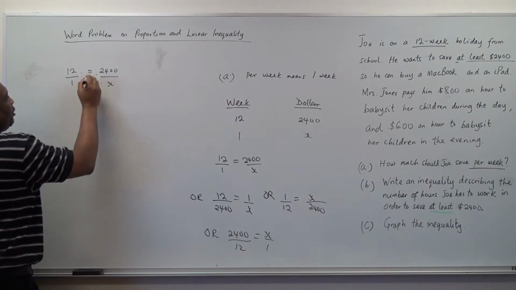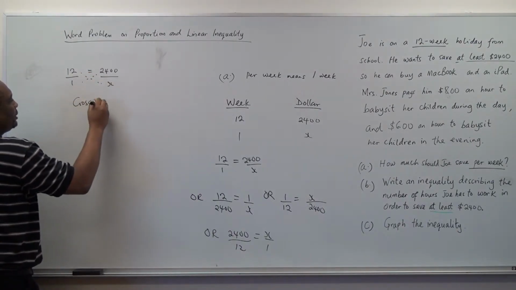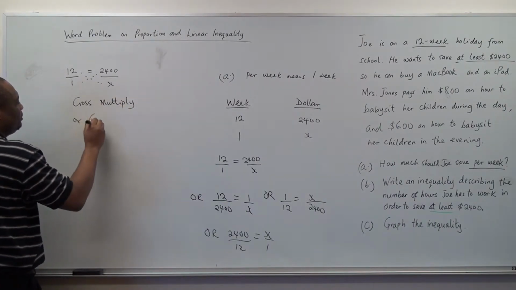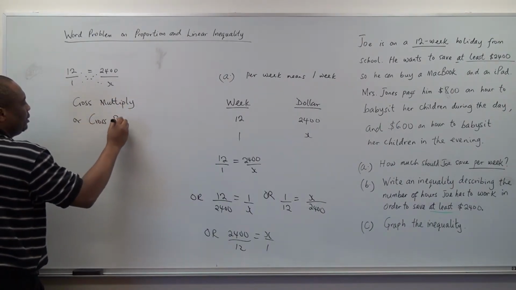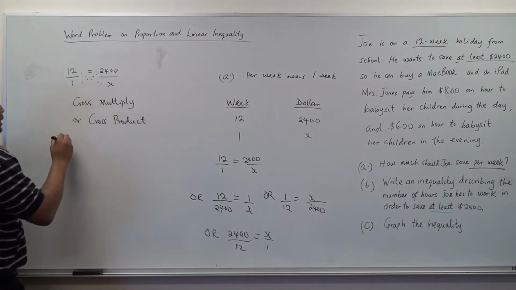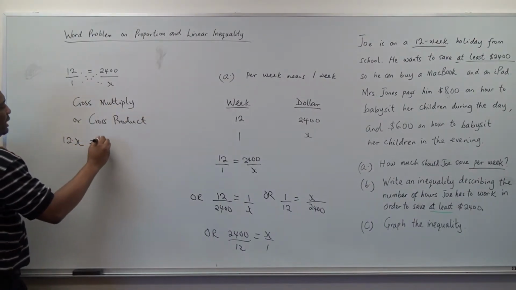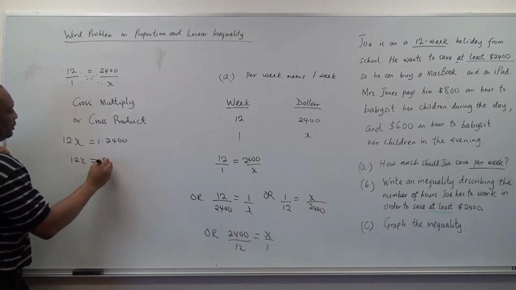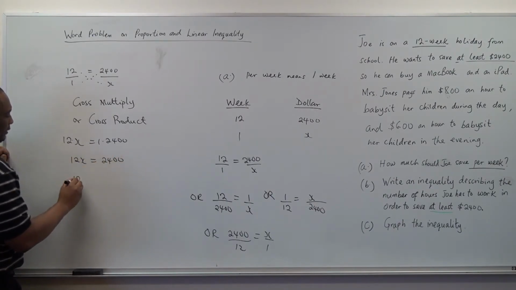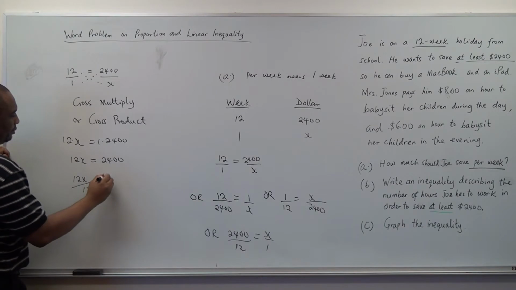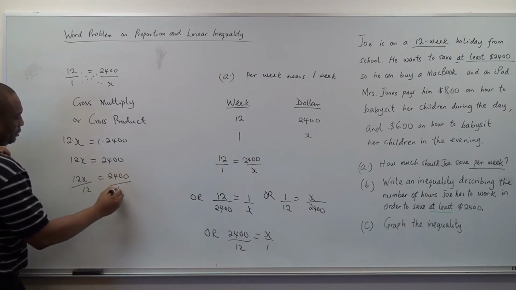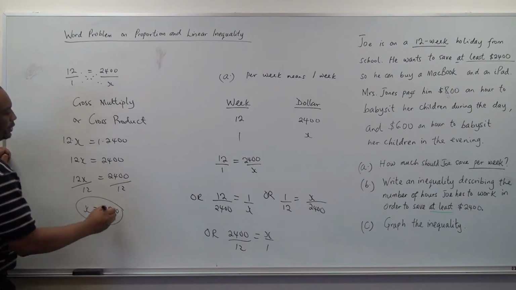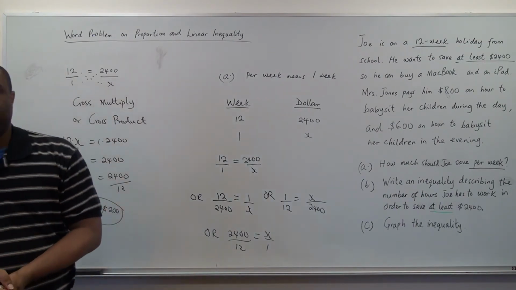When we use cross multiply or cross product, we now have that 12 times x is 1 times 2,400. So 12x is 2,400. And you can divide both sides by 12. And x will give you $200. So he needs to save at least $200 per week.